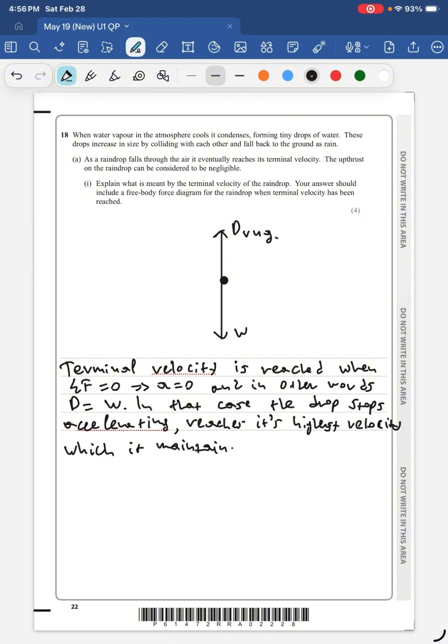Since no more acceleration is acting on it, it maintains that terminal velocity.